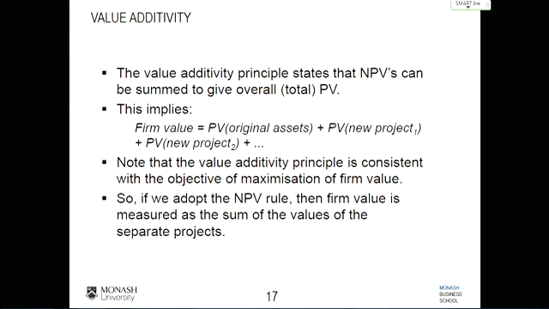So basically, if that project is going to add value to the firm, it's consistent with our goal of maximizing the shareholders' value or maximizing the firm value, right? And that's why this one is consistent with our theory. And that's the main criteria that we are going to use to evaluate the project.